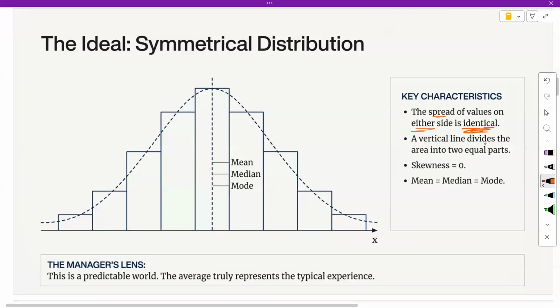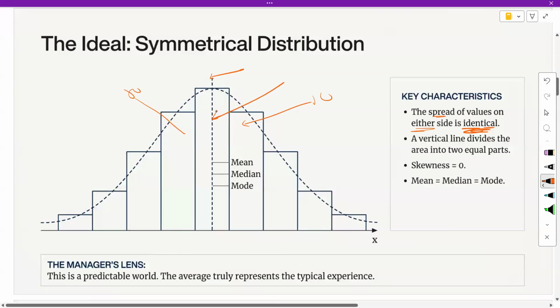A vertical line divides the area into two equal parts. So this is the total area, right? This line cuts the total area into two equal parts. This is 50% of the area on the right side and 50% of the area on the left side. This is the vertical line actually.